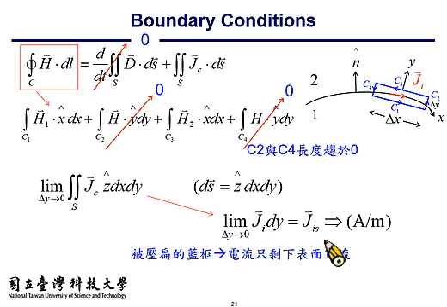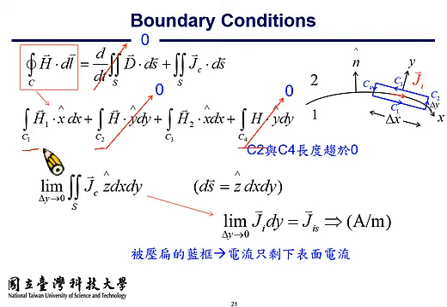So if we compress the blue rectangle into a very thin strip, we will end up with just two terms. The left-hand side, the closed loop integral of H, can be divided into four terms: C1, C2, C3, and C4. As you can see, for C2 and C4, the length delta y will approach zero if the blue rectangle is compressed into a very thin strip.